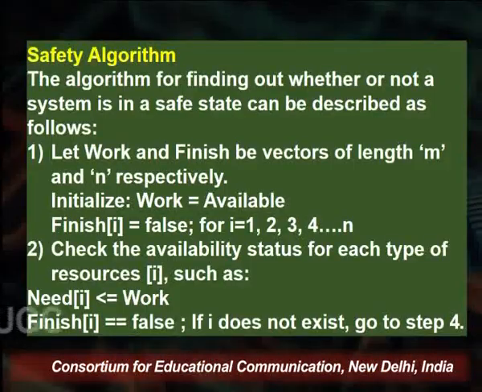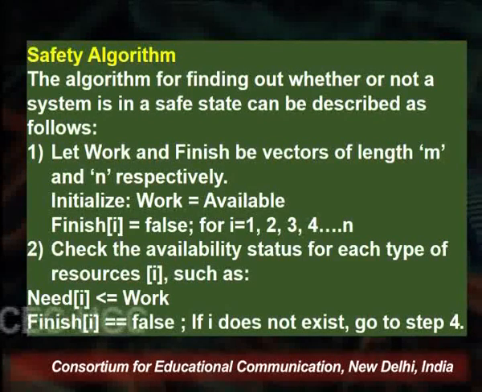And the agenda is that we always try to be in the safe state, and this can be done with the help of 2 algorithms. Now what are these 2 algorithms? The first algorithm is the safety algorithm. The safety algorithm is there to find out whether or not a system is in a safe state, and how are we going to calculate that.